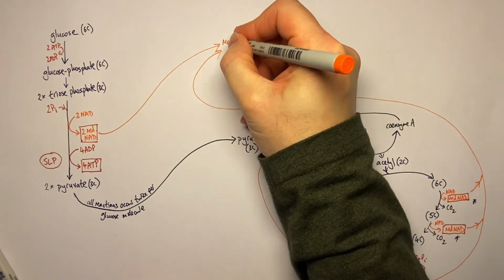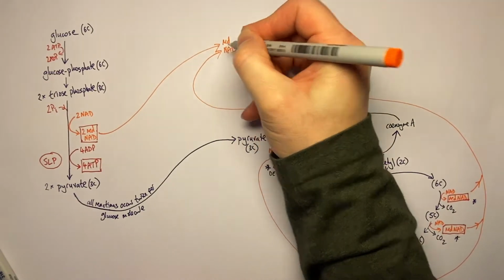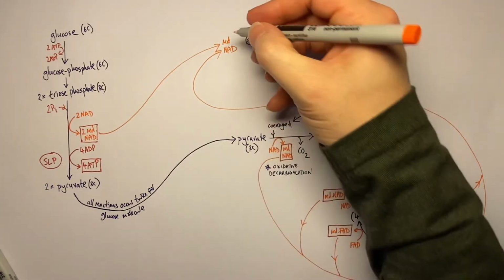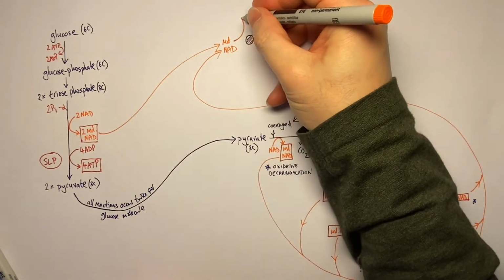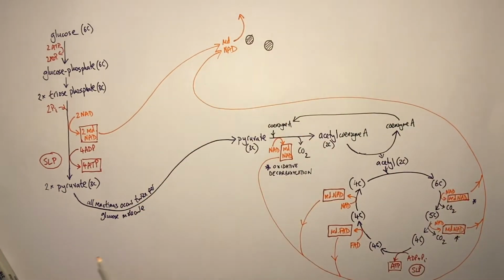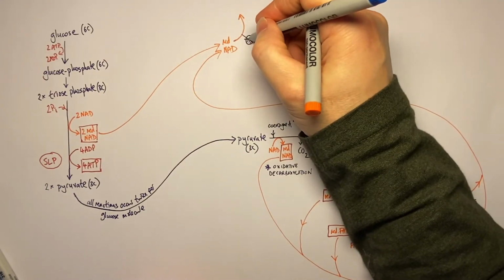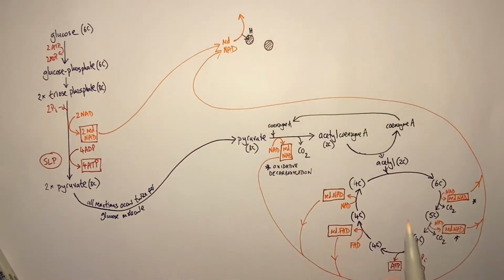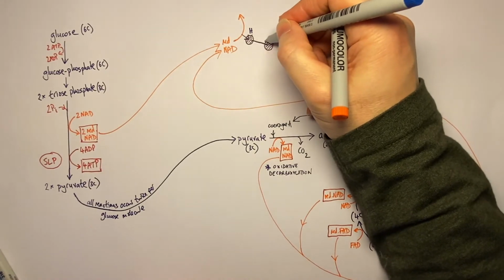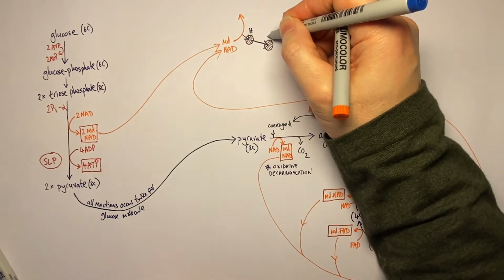And let's start off with the reduced NAD. So the reduced NAD will give hydrogen to that first molecule. Then it will pass that hydrogen to the second molecule.